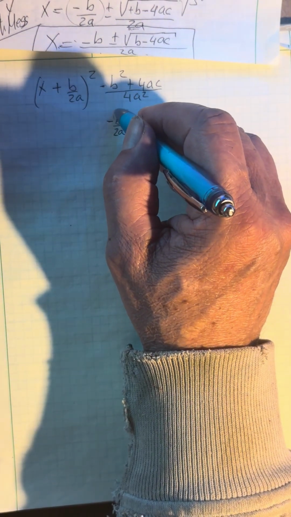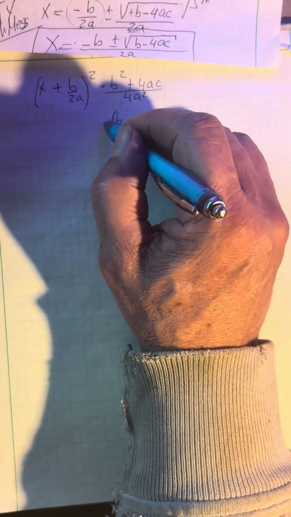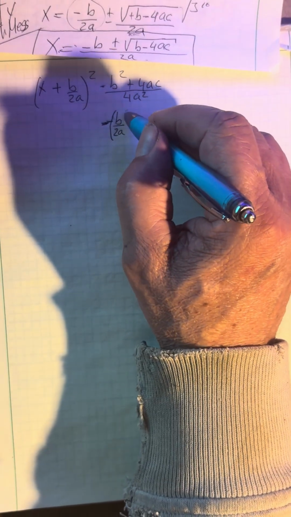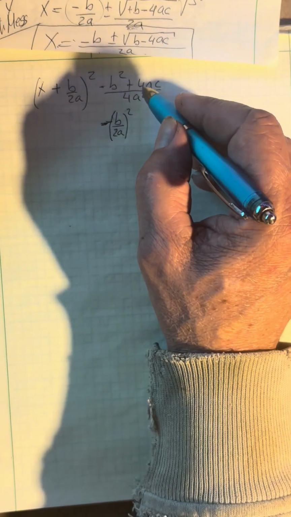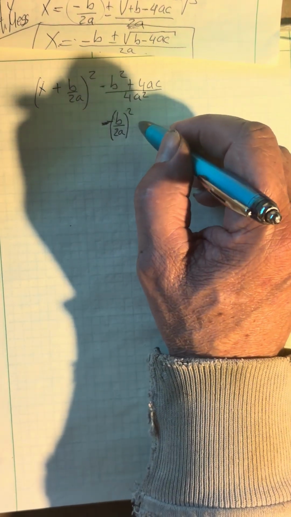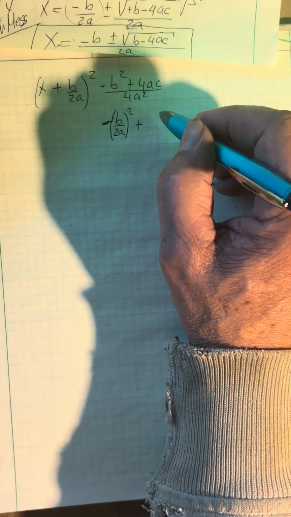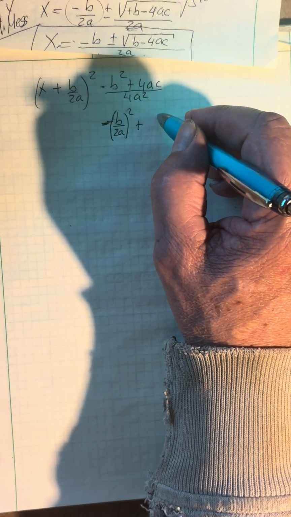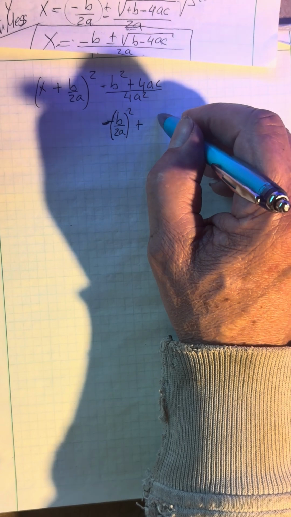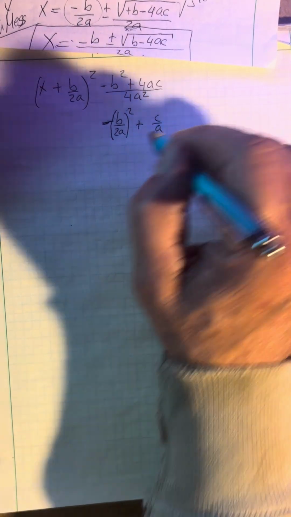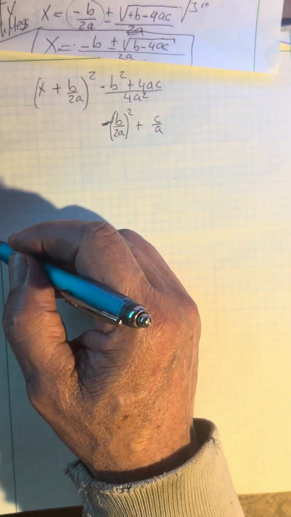Well, the negative sign stays outside, and we put a square there, and this turns into plus, what is it, c over a.